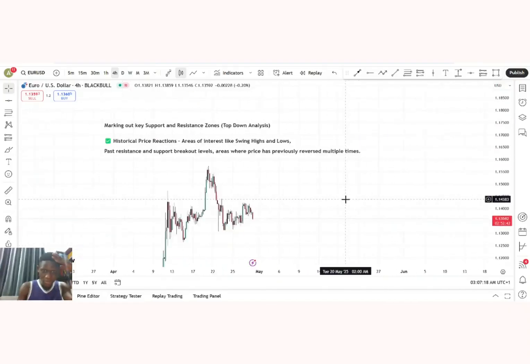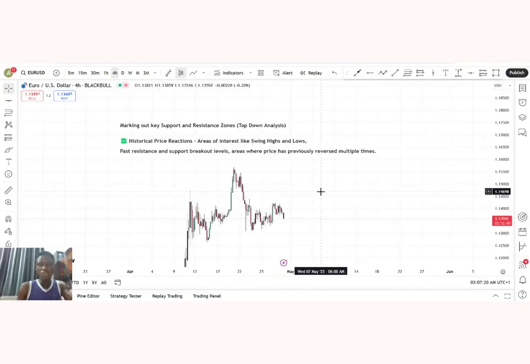So to be able to do your top-down analysis, top-down analysis in overall view is you analyzing a particular asset or a particular market from a higher time frame.